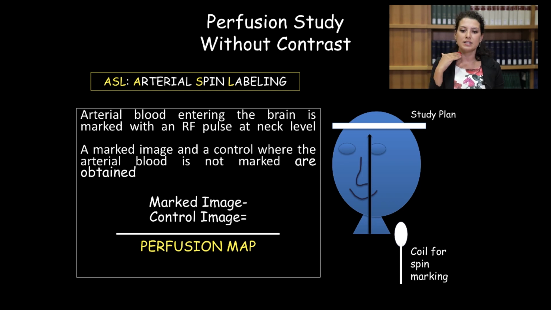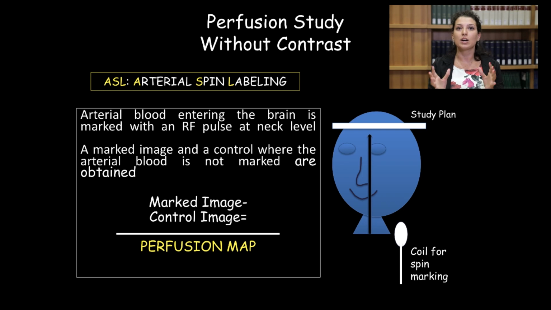This radiofrequency pulse labels or marks the spins of the arterial blood. The arterial blood flows towards the brain parenchyma. We have the possibility to acquire at the level of the circle of Willis, brain parenchyma, wherever you prefer, and therefore we have a marked image, an image of the brain with these marked protons.